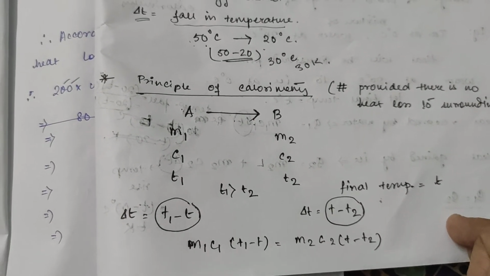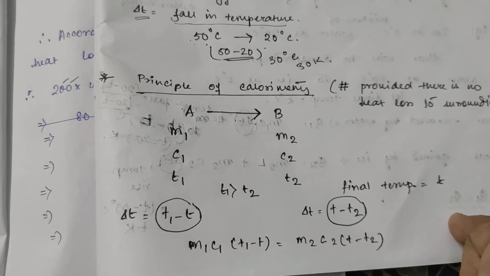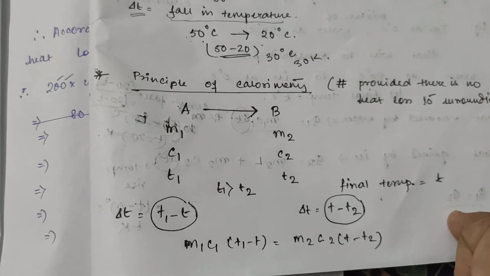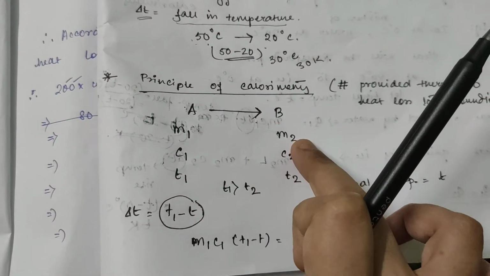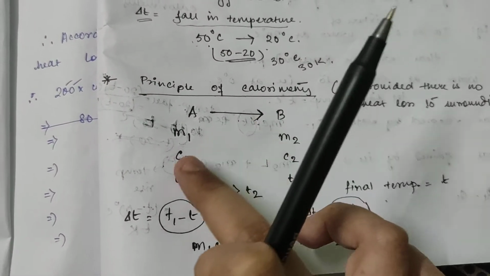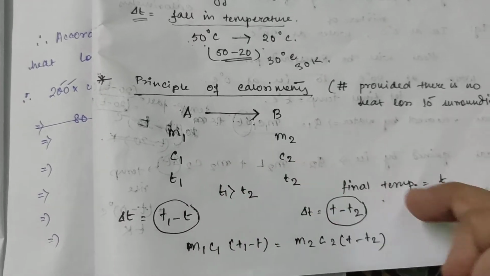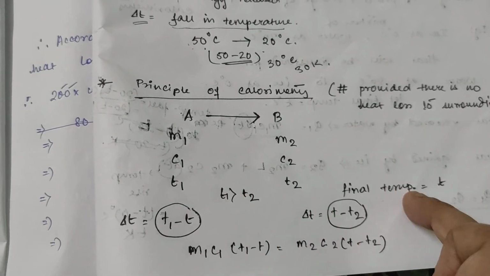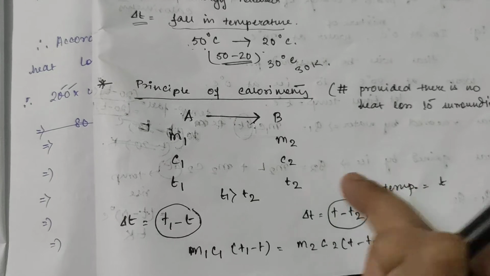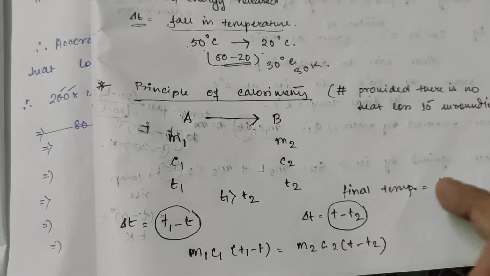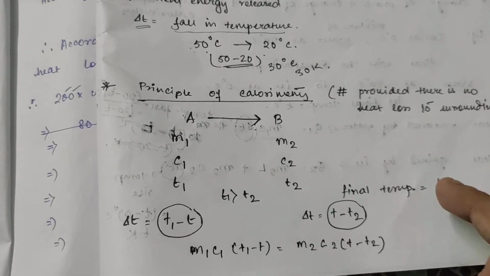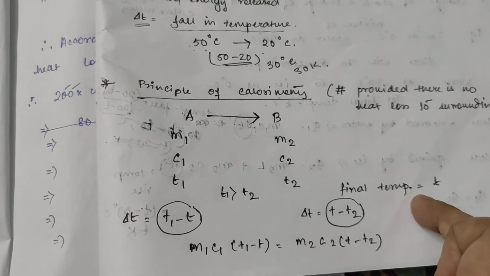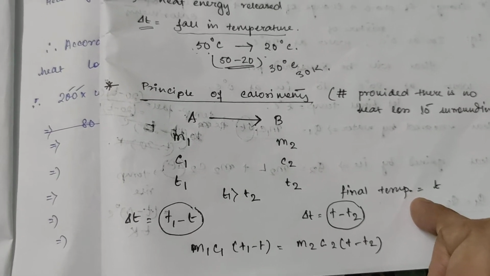Now, first of all, I hope you know that heat will be transferred from A to B. That means heat transfer will take place as long as they reach a final temperature. After attaining this, the two will be balanced, isn't it?